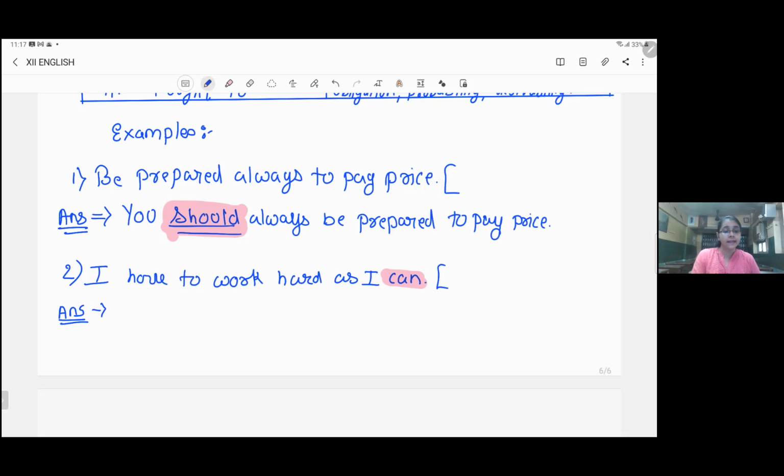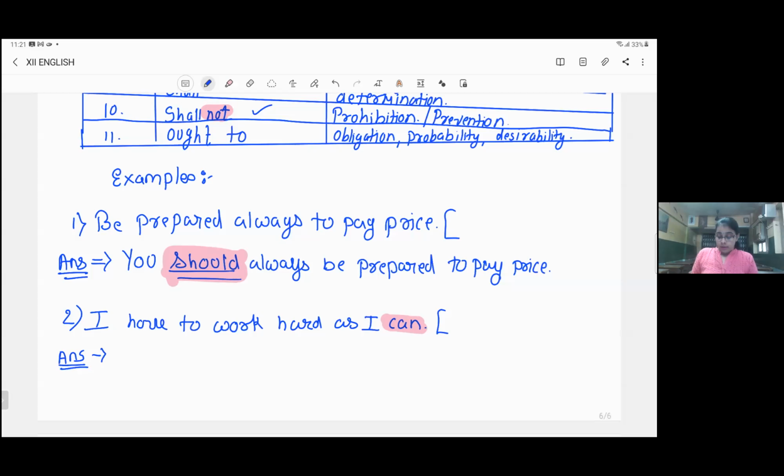I want the whole sentence. Guys, whenever you are writing the sentence, you can't cut off the sentence. You all were right, but you have to write the whole sentence. You cannot cut the sentence, and you cannot change the meaning of the sentence. So what is the answer going to be?